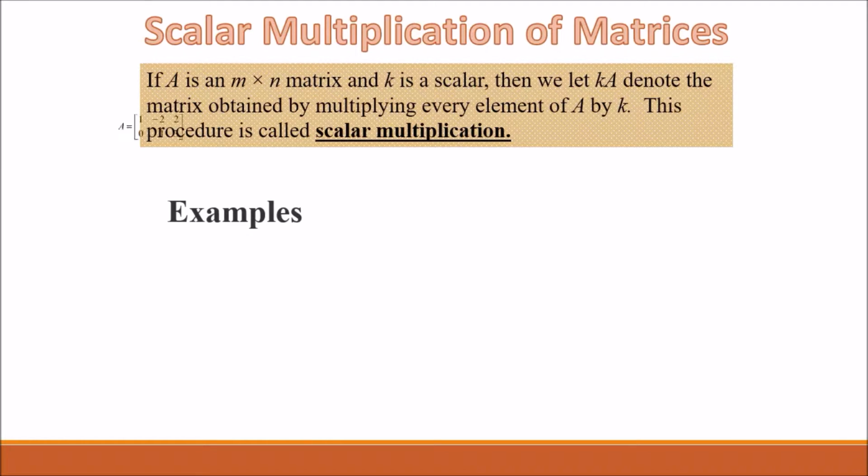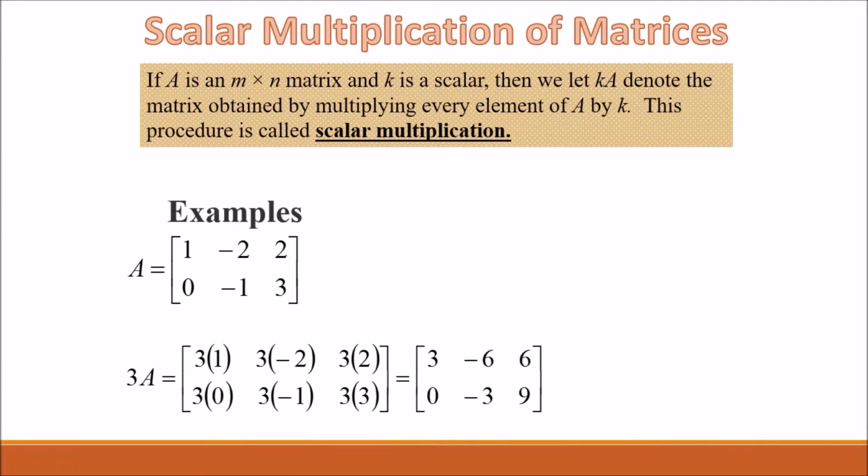For example, we have a matrix A here and we need to multiply matrix A with a scalar quantity 3. To obtain this multiplication, we have to multiply 3 with all of the elements of A. You can see that 3 is getting multiplied with the first element 1, resulting in 3.